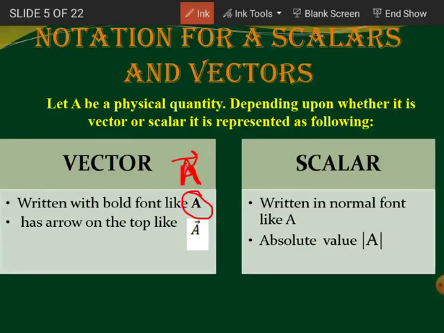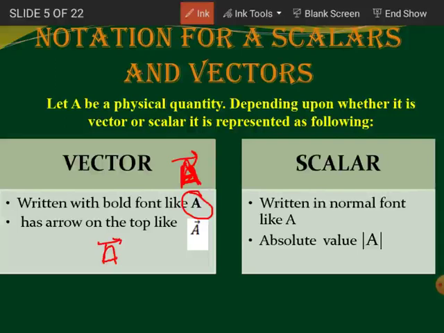So in order to represent a vector quantity, instead of making it bold while writing, we write the letter which represents the vector quantity with an arrowhead above it. Got it?